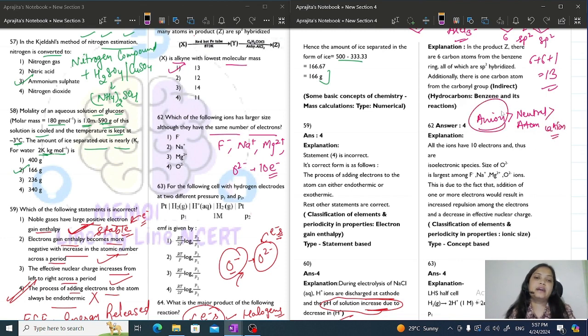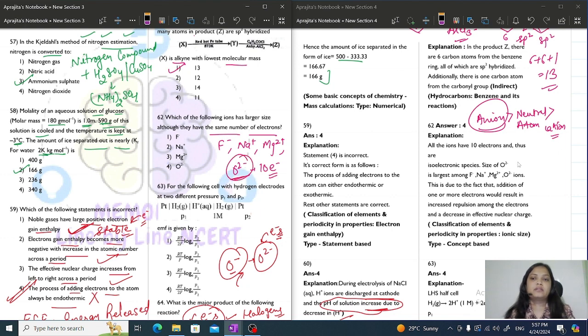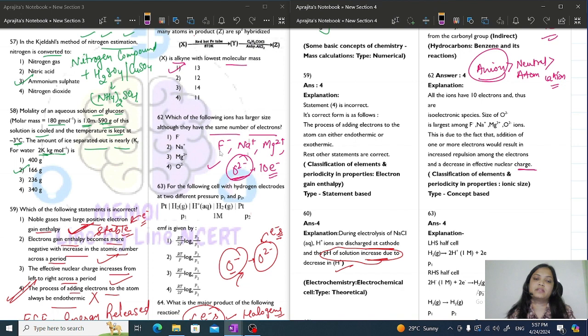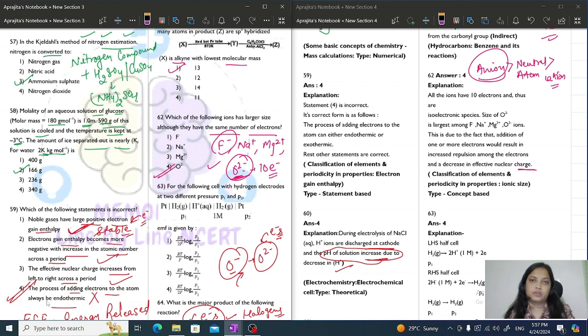Because in the anions, when more electrons are added, like here we have O2 minus, there would be a repulsion between the incoming electrons and the electrons present. So there would be a decrease in effective nuclear charge and the size would increase. Out of F minus and O2 minus, O2 minus has 2 incoming electrons, so it will have the largest size. So the answer is option number 4.